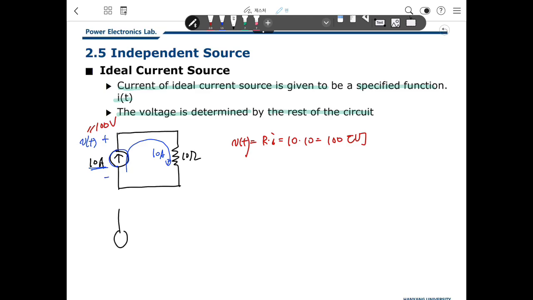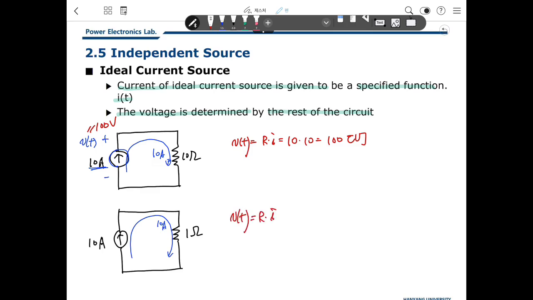And with the same current source, this is 10 amps, then we connect another circuit. For example, this is 1 ohm. Then the current flowing through this path is 10 amp. So the voltage Vt is Ri, R is 1 and I is 10 amps, so 10 volts.